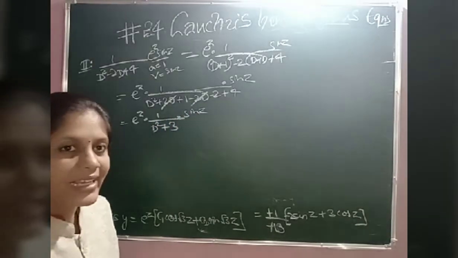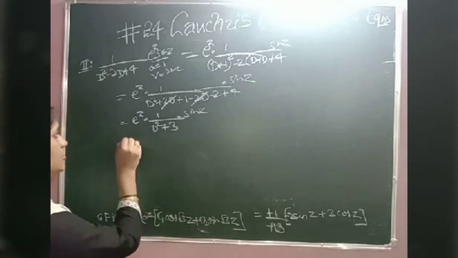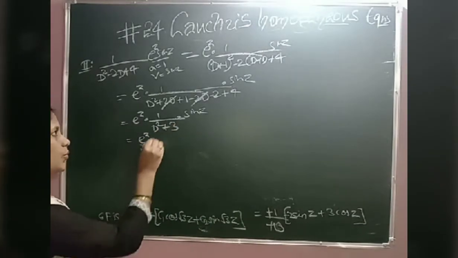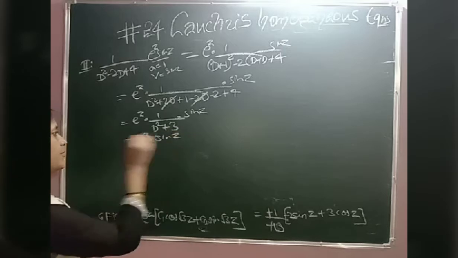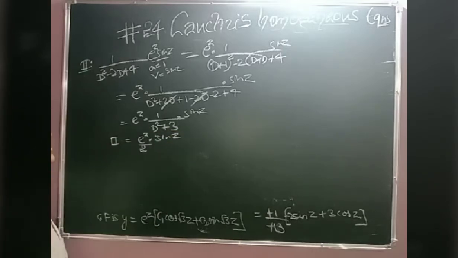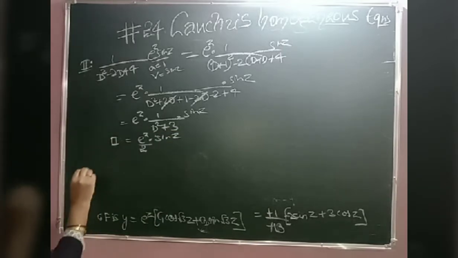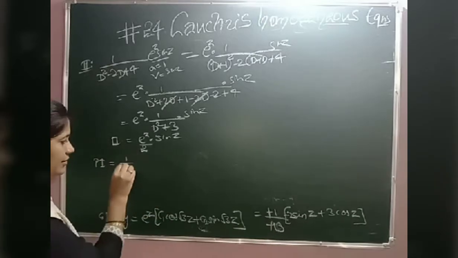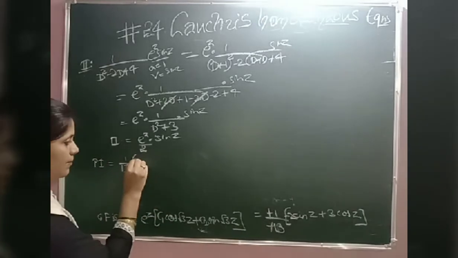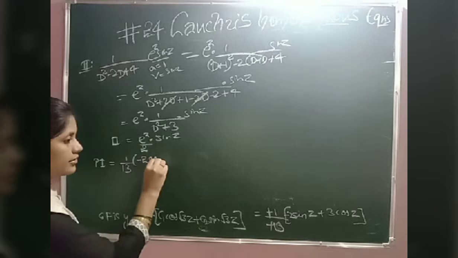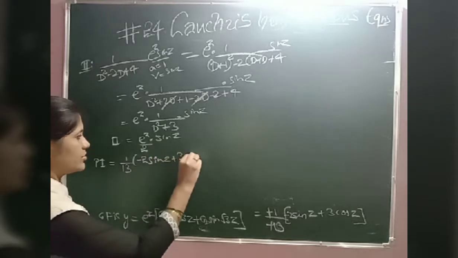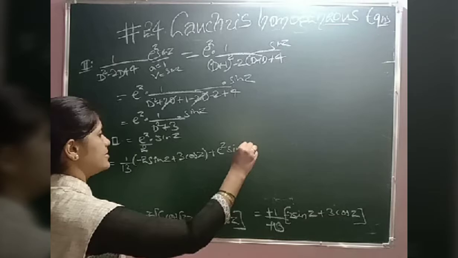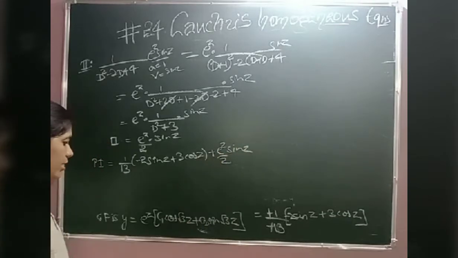So now again D square is minus 1. So this can be written as e raised to z, minus 1 plus 3 is 2, sin z. So PI is 1 by 13 minus 2 sin z plus 3 cos z plus e power z sin z by 2.